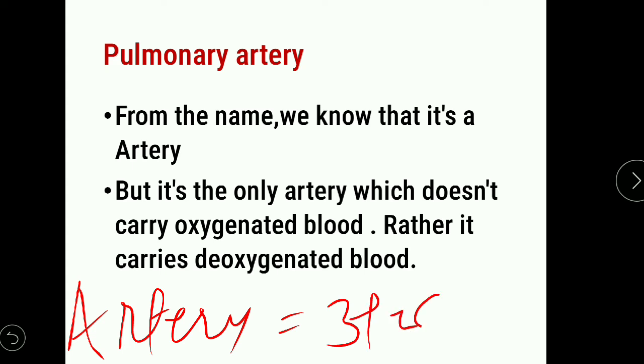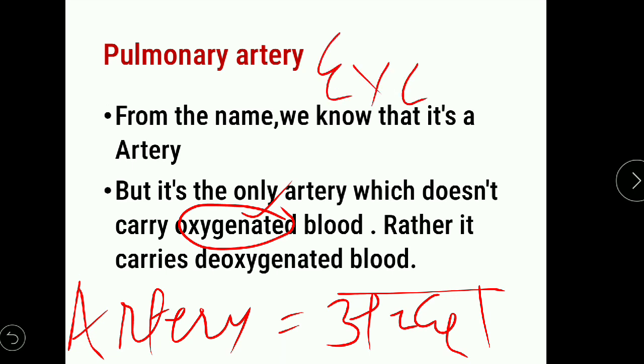It is very easy to learn. A for arteries, A for acha, A for amazing. With that, you can remember arteries always carry acha blood, means oxygenated blood. But pulmonary artery is the only exception which does not carry the oxygenated or acha blood. It carries deoxygenated blood.